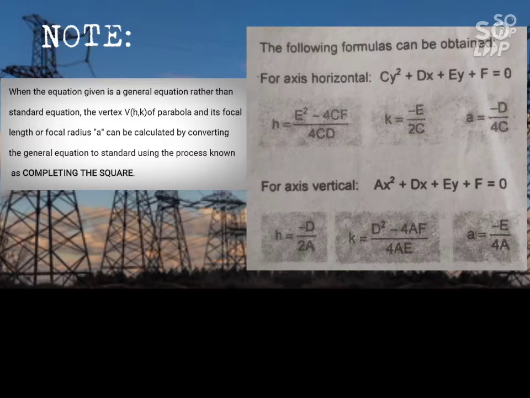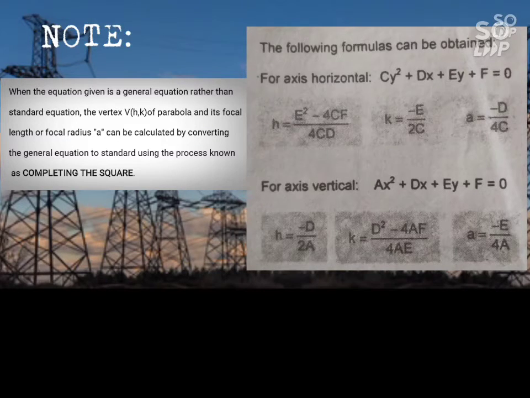The following formulas can be obtained for axis horizontal: cy squared plus dx plus ey plus f equals 0, where h equals (e squared minus 4cf) over 4cd, where k equals negative e over 2c, where a equals negative d over 4c.